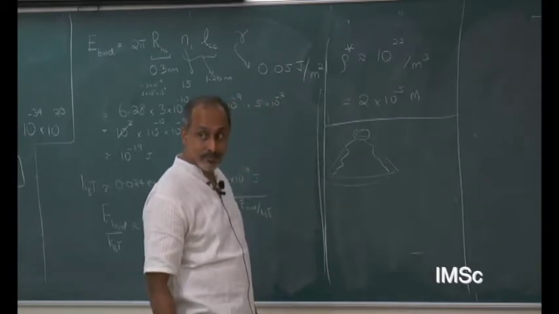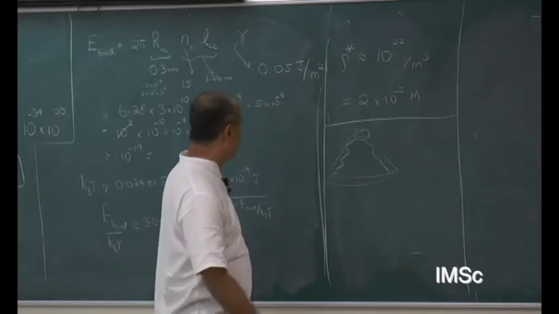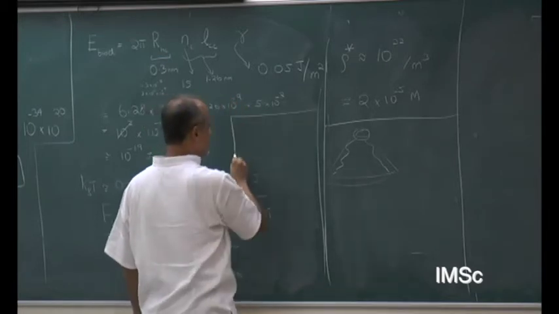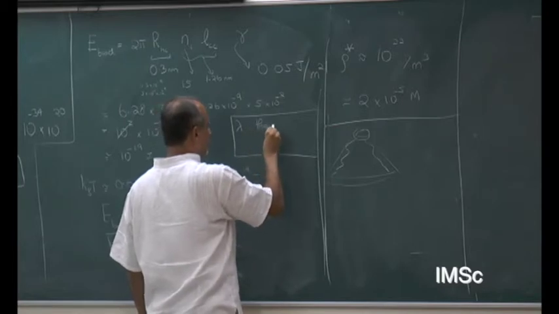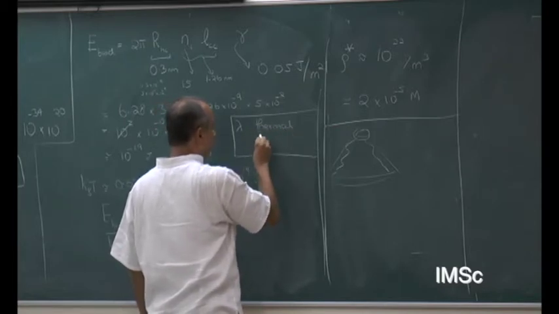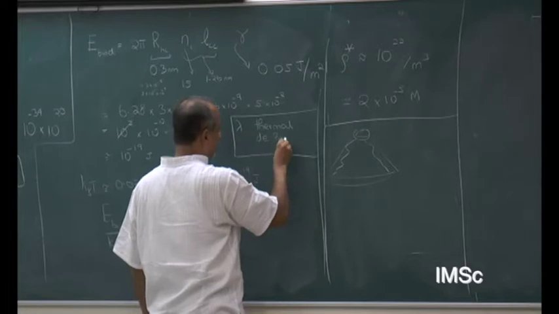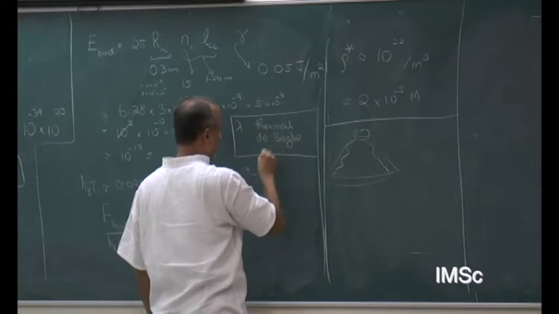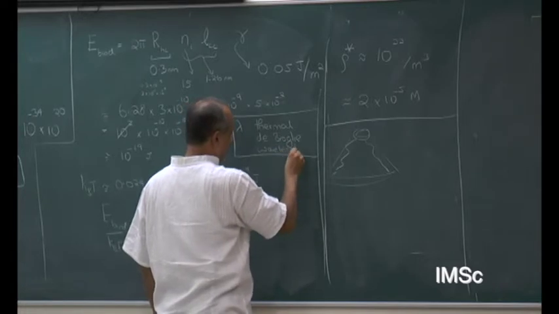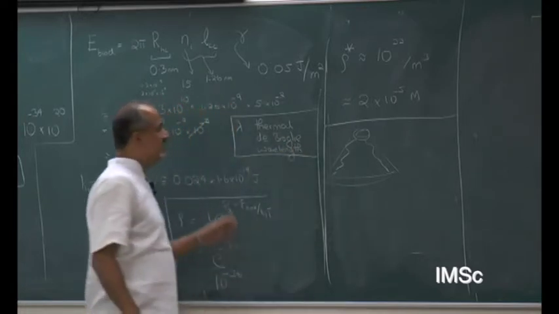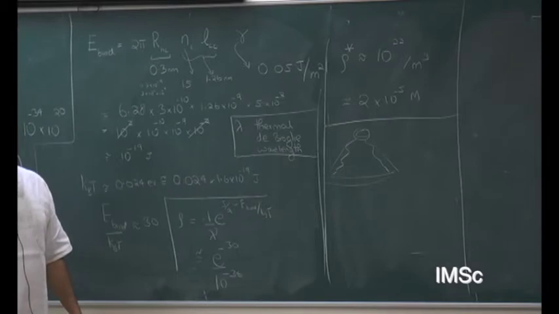What is lambda actually? Lambda is called the thermal de Broglie wavelength. I'll just write it down. It's a quantity that enters when you calculate the partition function.